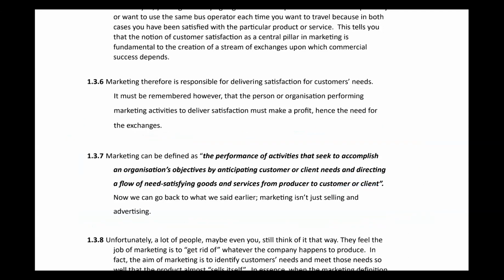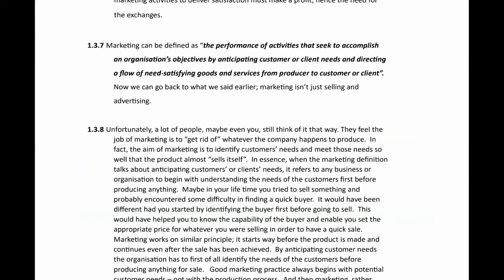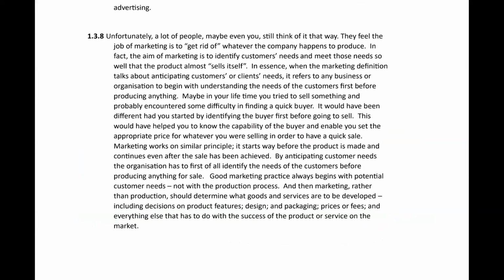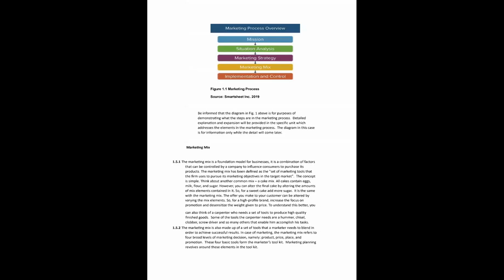Others have simplified the definition of marketing to simply the creation of awareness of the product that you have to offer to the target market. That's a basic definition you may give. So the whole process, the mechanism of trying to make people aware of the product that you have to offer, is called marketing, right?